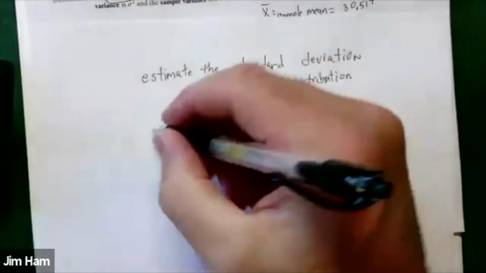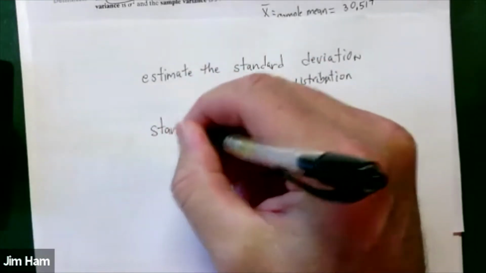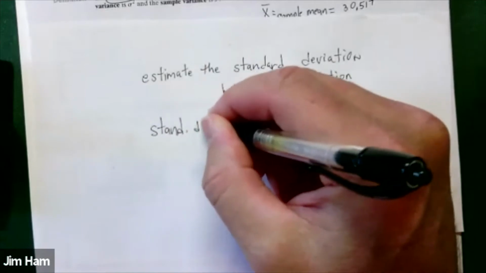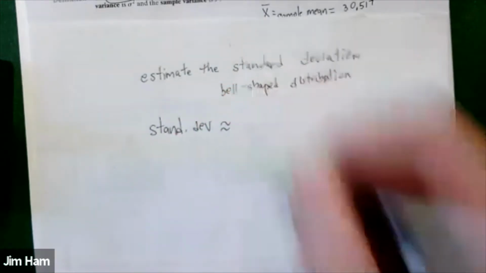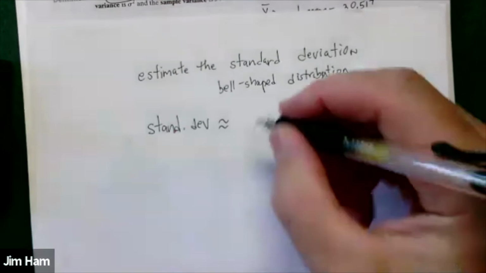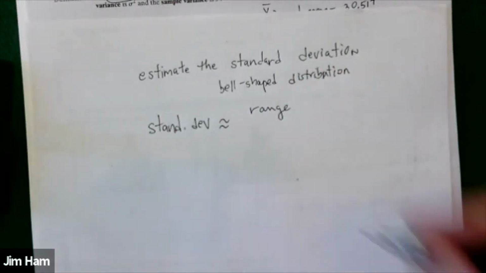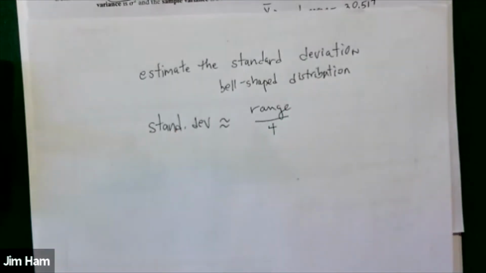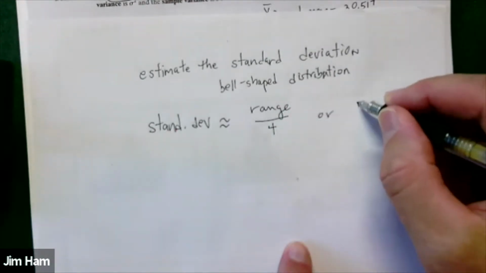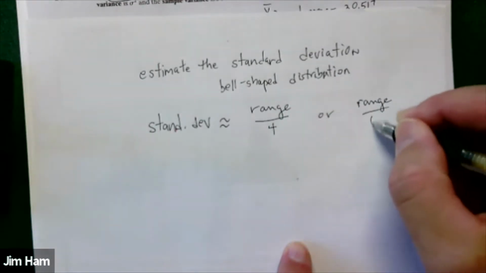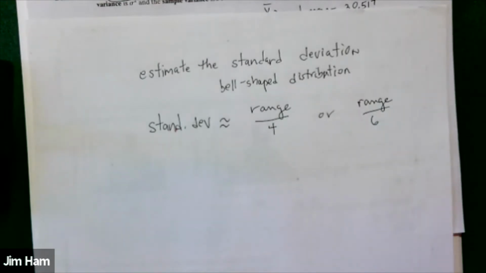And so if you want to estimate the standard deviation, you can just take the range and chop it up into 4 chunks. Sometimes if you use the range divided by 6, that one would work.